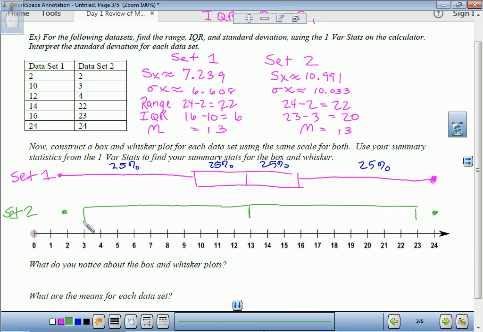We can tell this data is not as close to the median as the other data. 50% of the data is pretty close in one set, while 50% of the data on the same exact scale is much further apart in the other. So what do you notice about the box and whiskers? They have the same max and min, which means their range is the same.